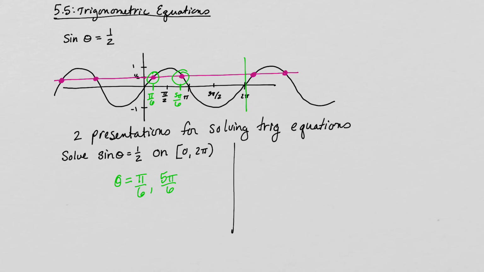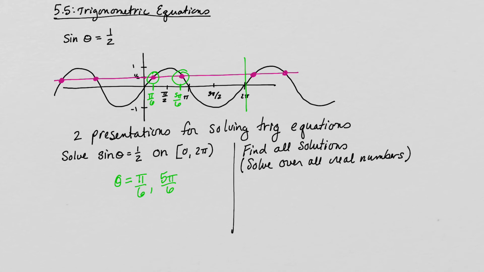The other type of problem says find all solutions, and it doesn't give an interval. Sometimes, rather than find all solutions, it might say solve over all real numbers. So here they're not giving you an interval to break it down.